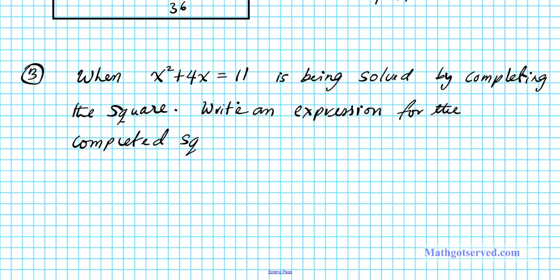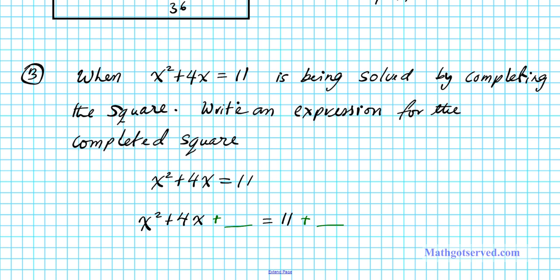All right, so obviously we have an incomplete square here, x squared plus 4x equals 11. Now to complete this square, we're going to do what we did in the previous problem: x squared plus 4x plus a term that makes the left side a perfect square trinomial. Since we're adding a term to the left side, in order to preserve equality, we must add exactly the same number to the right side.